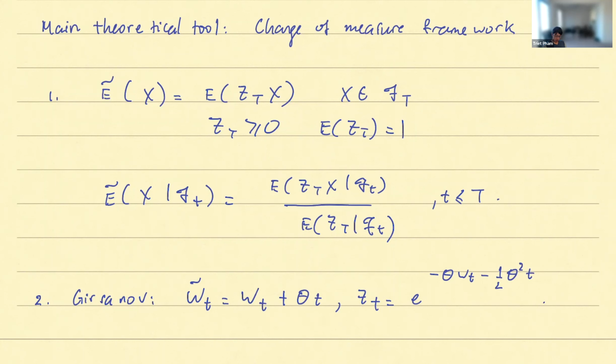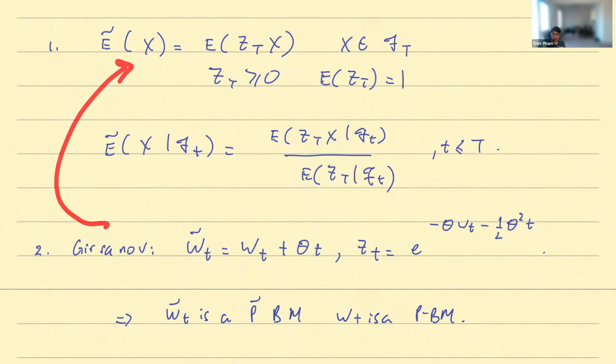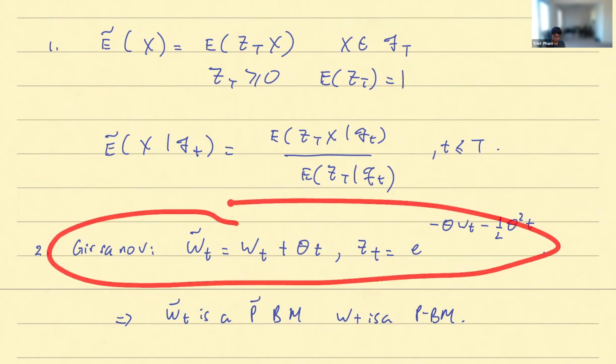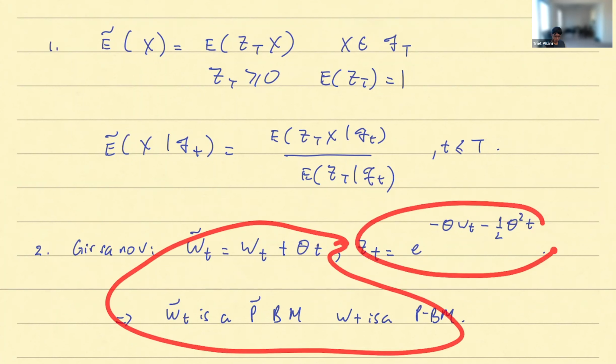So here, this will satisfy that W tilde t is a P tilde Brownian motion, while W is a P Brownian motion. So Girsanov just makes this more specific. In other words, if you want to accomplish this purpose, then this is what you use.